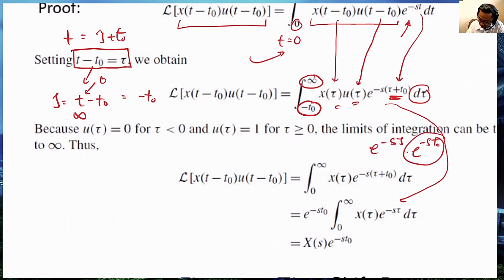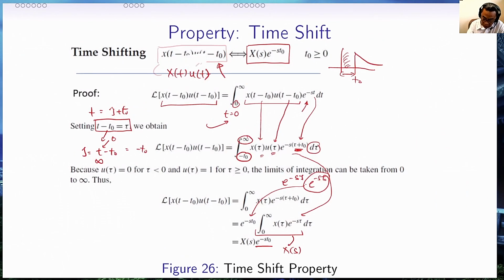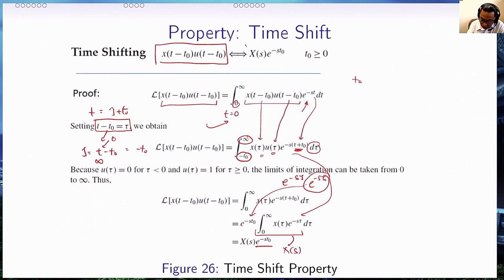We can bring this expression outside, and so this looks like our typical Laplace transform equation, which is X(s) times e to the minus s t naught. So in conclusion, the Laplace transform of the time delayed signal is X(s) times e to the minus s t naught, where t naught is the value that is time delayed.